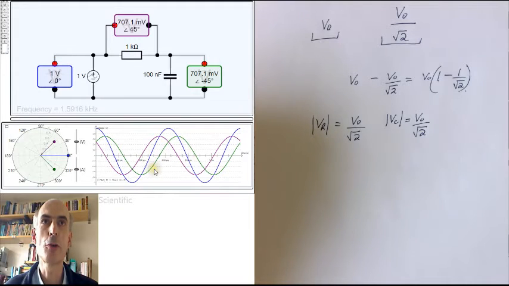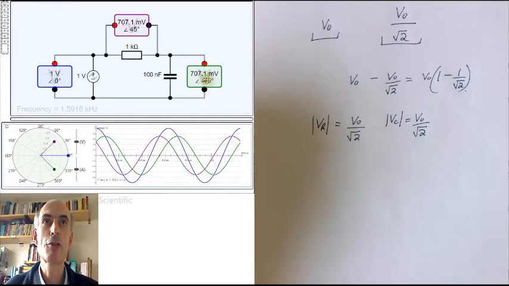So Kirchhoff's voltage law does apply at every single point in time. But that doesn't mean that the amplitude of the voltage across the resistor plus the amplitude of the voltage across the capacitor is equal to the amplitude of the voltage across the voltage source. It isn't, because those amplitudes don't happen at the same time.